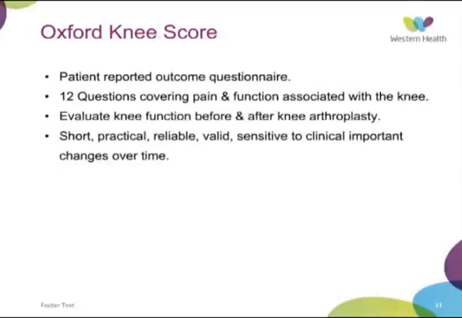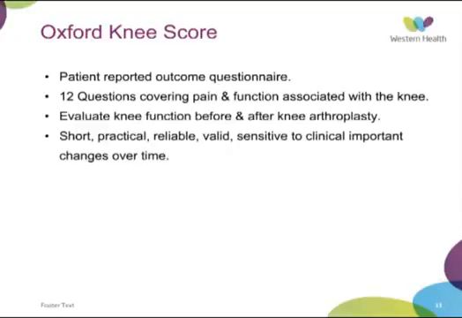The Oxford knee score is a patient-reported outcome questionnaire, so the patient usually fills in the form with or without the assistance of the physician. There are 12 questions, and they cover pain and function associated with the knee.